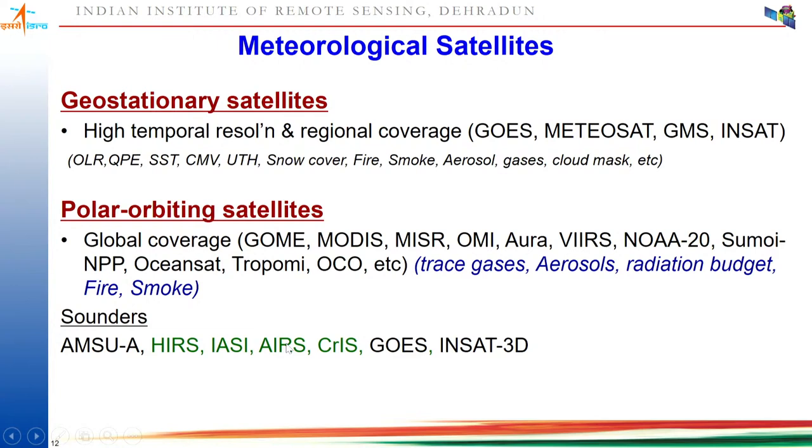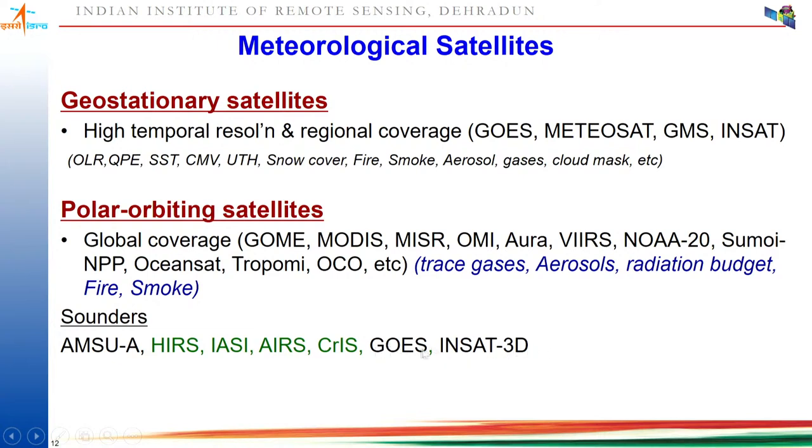So this measures not only temperature, humidity, winds, but also gases like ozone, carbon monoxide, carbon dioxide, methane, and so on. The cross-track infrared sounder also has more than 2000 channels, and is similarly used for profiling of different gases and atmospheric parameters.